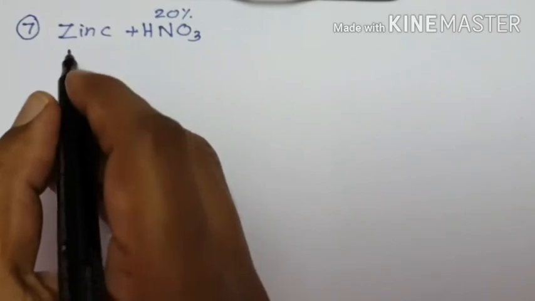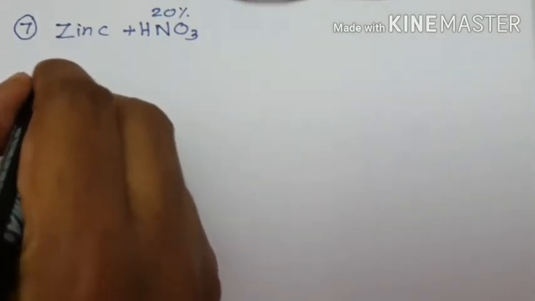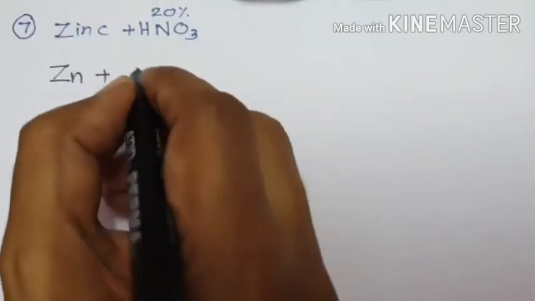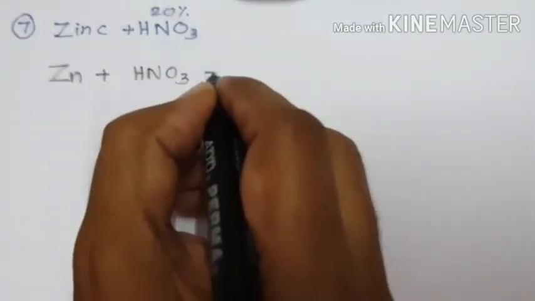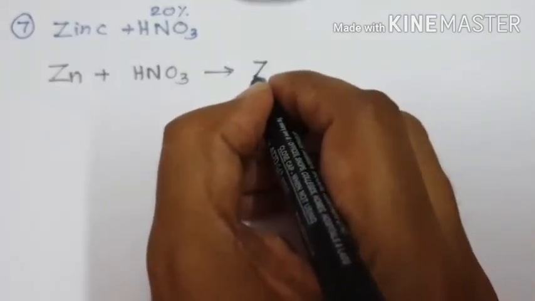So we know how the reaction takes place. I will explain. I am writing first the reaction. Zn when treated with HNO3 gives, what products are obtained in this reaction?